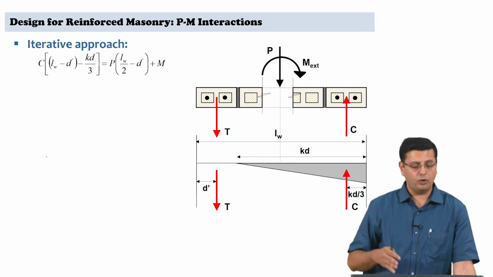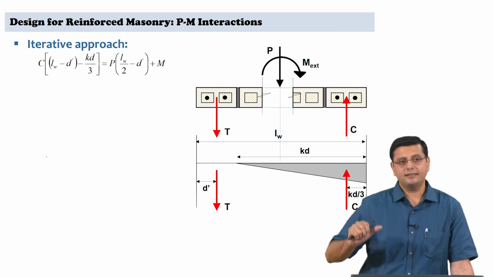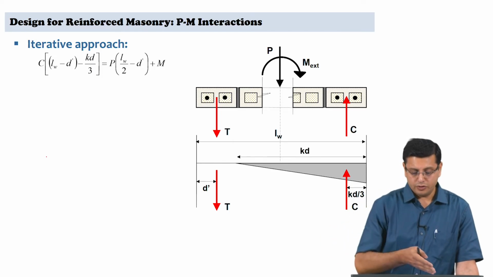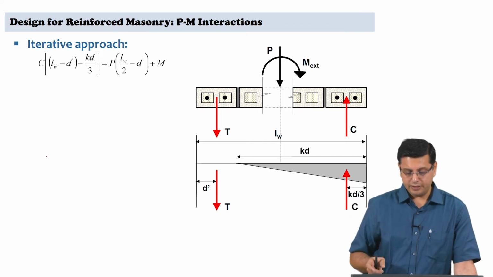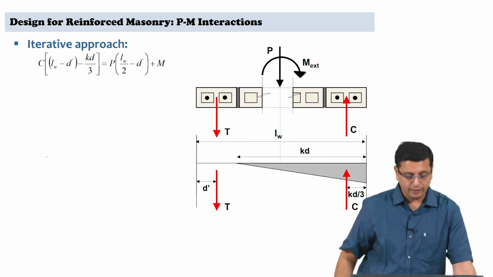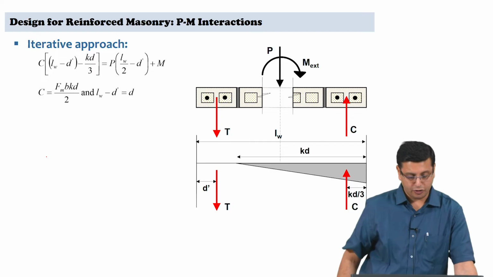Because of the cracking in the wall, the eccentricity would imply an additional, secondary moment. So, load P into Lw by 2 minus d', plus the external moment that is acting on the wall.